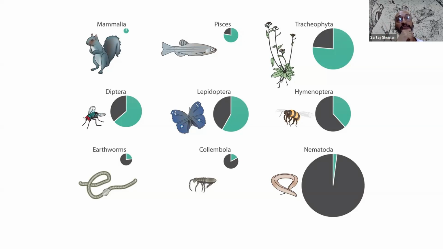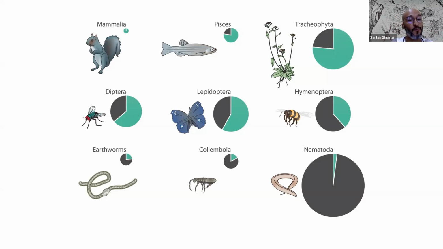So much of life is undescribed or unknown to us. And it also shows that so much of functionality is unknown to us. We don't even know what role they're playing in these ecosystems or how they're making these ecosystems more resilient, or we don't know anything about them.